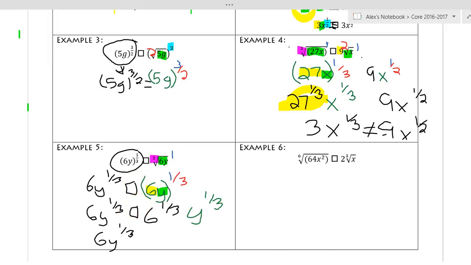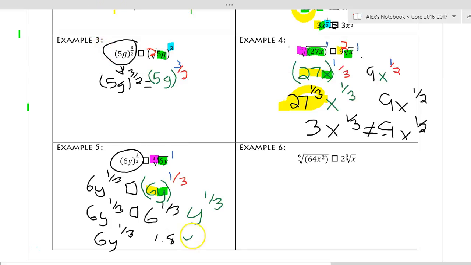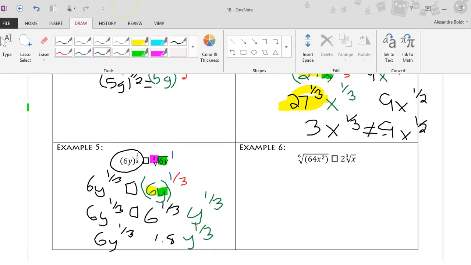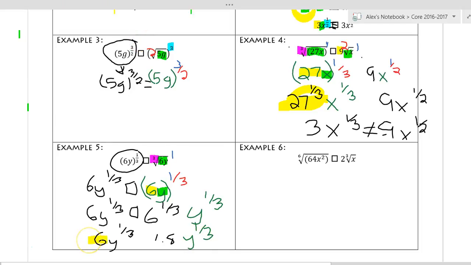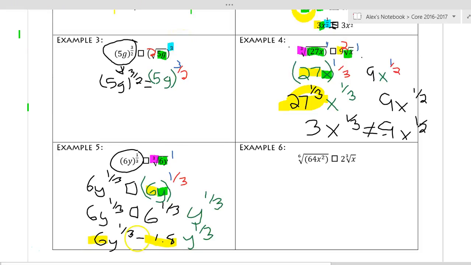And then 6 to the 1/3. If you put that in your calculator, you get some crazy decimal. It's like 1.8 approximately. And then I have y to the 1/3. Okay. And now I can see these things are not the same. This is 6y to the 1/3, and this is 1.8y to the 1/3. So these are not equal.